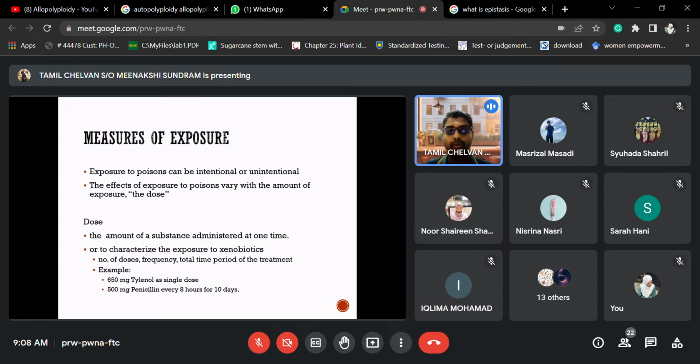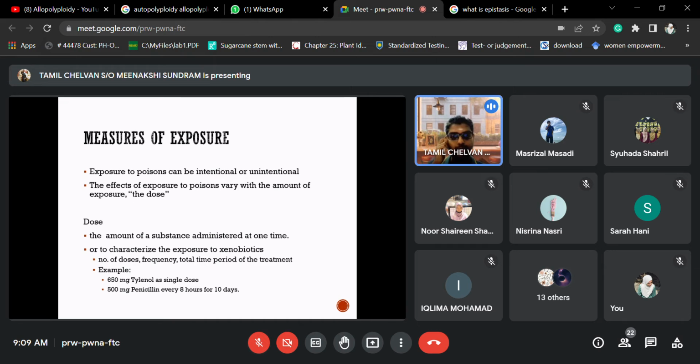If you go to a hospital and they say take 2 pills of this medicine every day, once a day, maybe 500 or 1000 micrograms, and you go and take 4, it means the dosage is high. You are exposing yourself to toxicity.